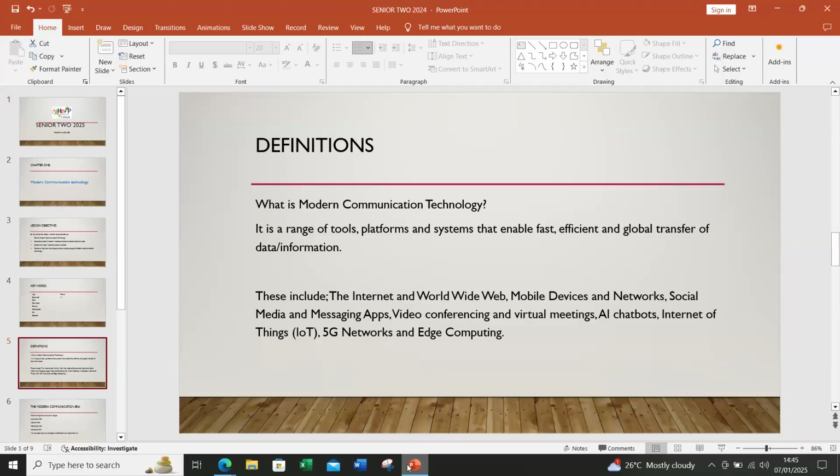These include the Internet and World Wide Web, mobile devices and networks, social media and messaging apps, video conferencing and virtual meetings, AI bots, Internet of Things, 5G networks, and edge computing. Yes, thank you very much.